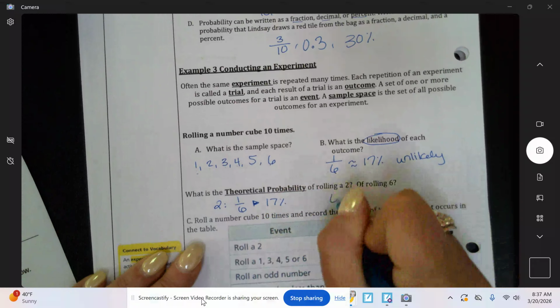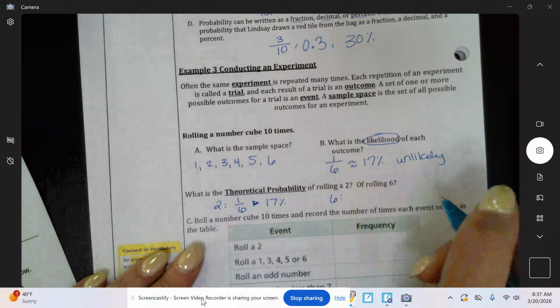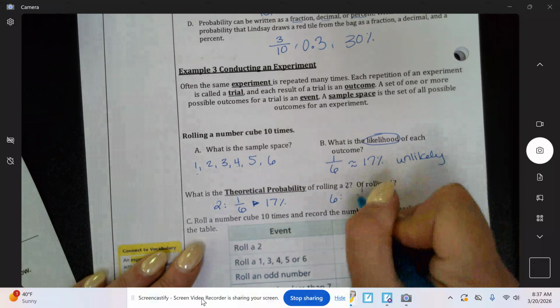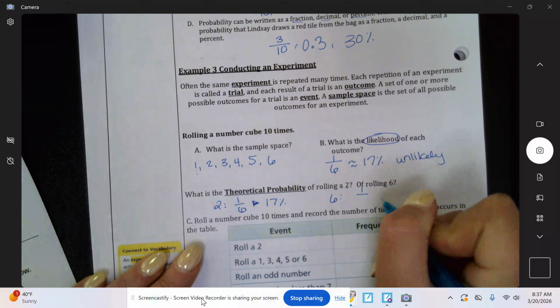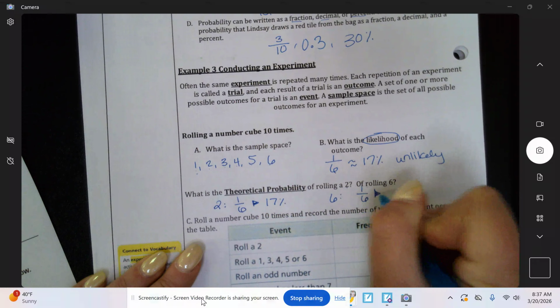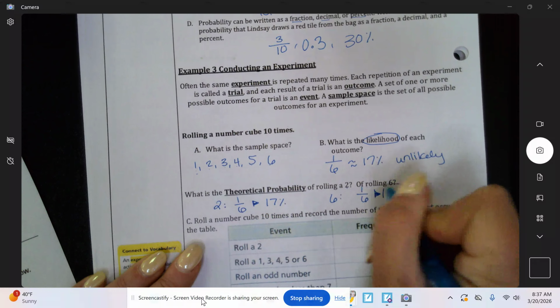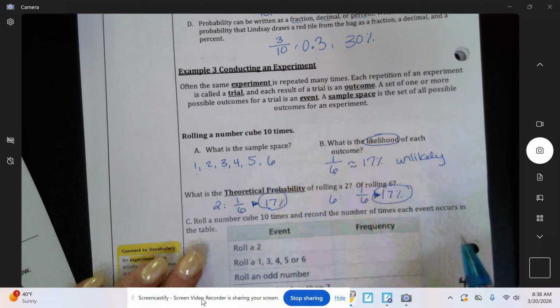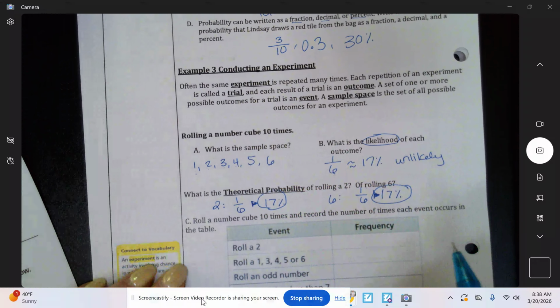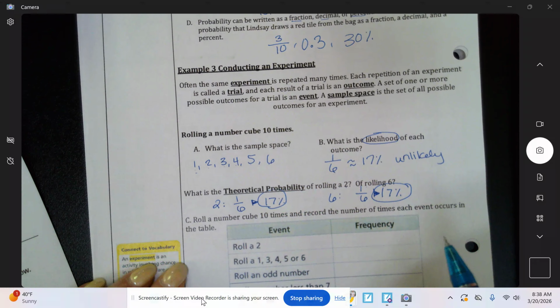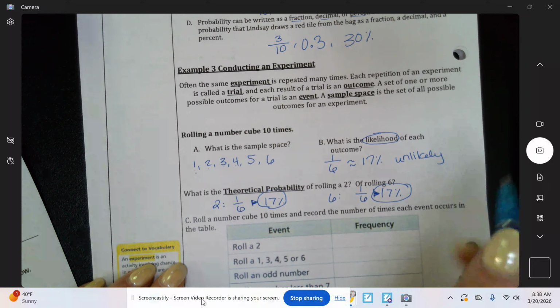What about rolling a 6? How many 6s are there? Out of a total of 6 numbers. What's that as a percent? Ta-da! Can you do that? Can you think through that?